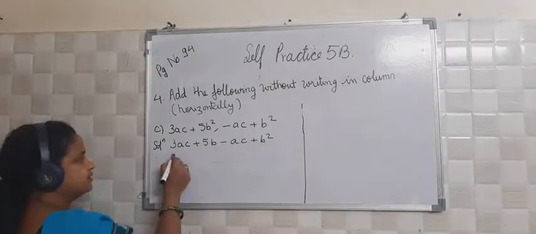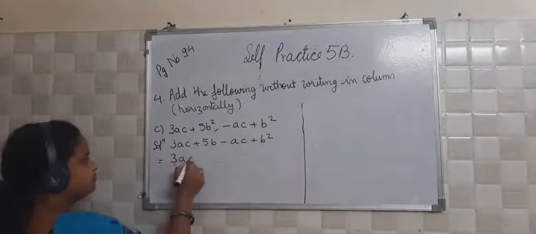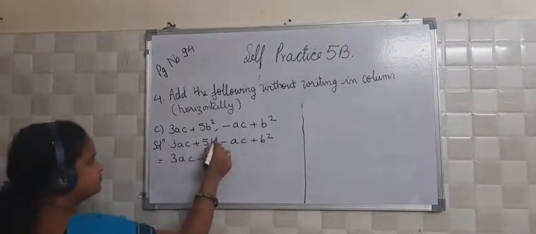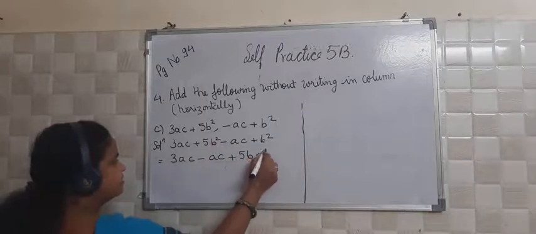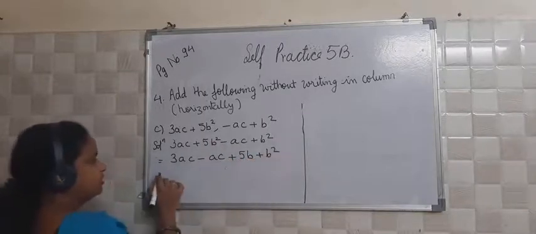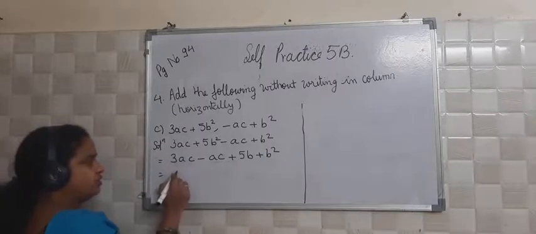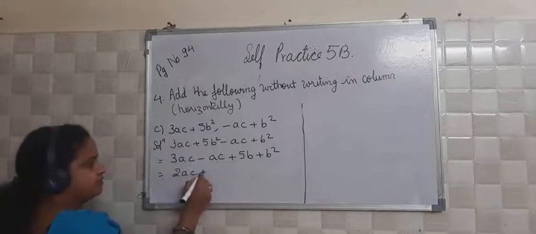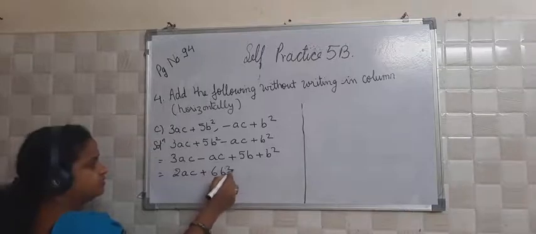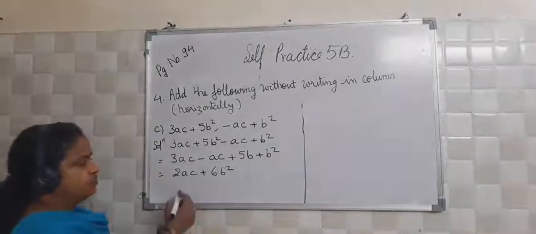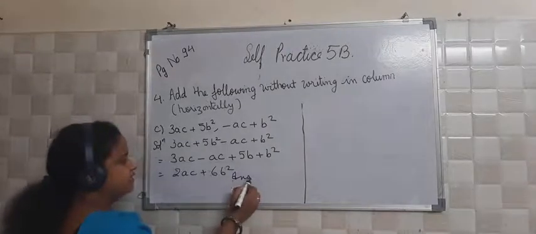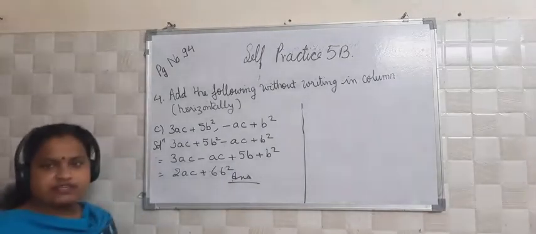So you will get 3ac minus ac, plus 5b square plus b square. So you will have 3 minus 1, 2ac, plus 6b square. Clear to you? So your answer will be 2ac plus 6b square.